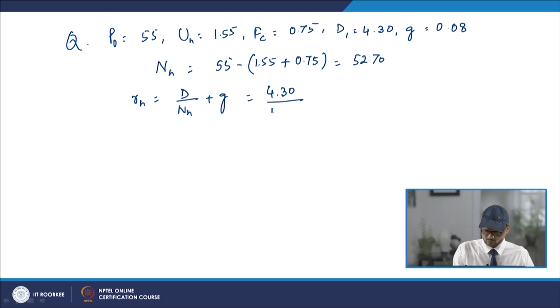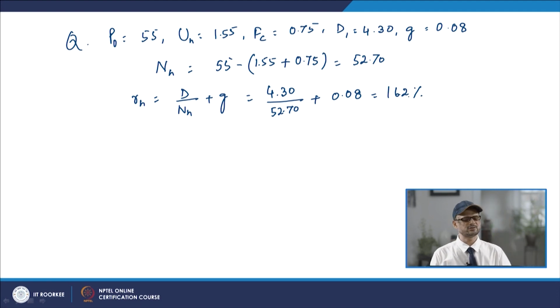So, Nn is 52.70, and then plus G, which is given as 0.08. So, you are telling that this growth is at the rate of 8%. In those cases your value becomes 16.2%.